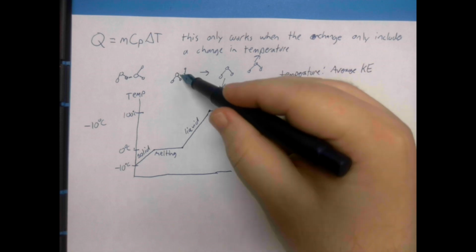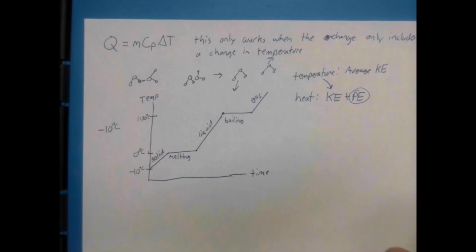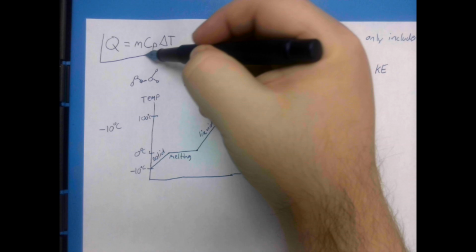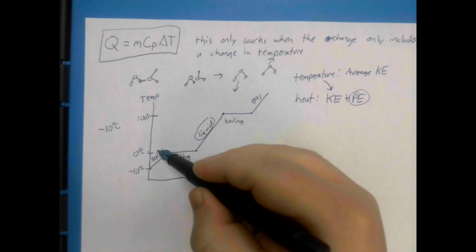When we free them, it takes energy to do that. We're giving them some potential energy to move around. So this equation only works when we're dealing with changes in temperature. It does not work during phase change.